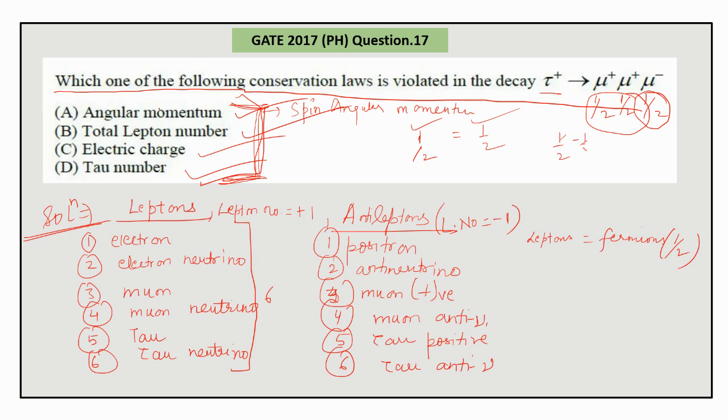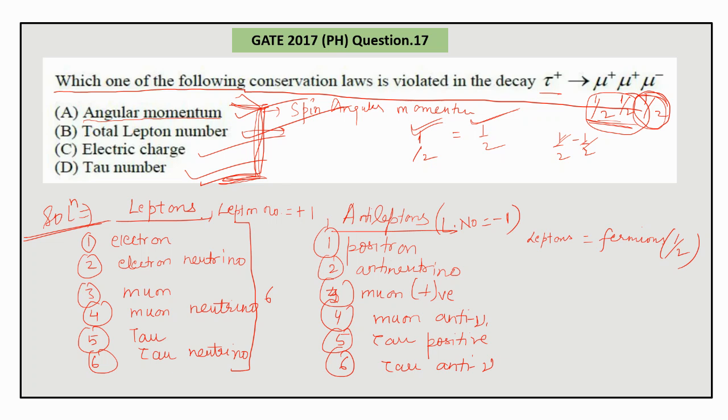But here I'm not sure because it is not written which angular momentum they are asking, total angular momentum, linear, or spin angular momentum. So I'm considering spin here. So by spin I can say 1/2 and 1/2 are coupling to give zero spin, and we are left with only one spin half. So left hand side is equal to right hand side. So angular momentum is not violated.